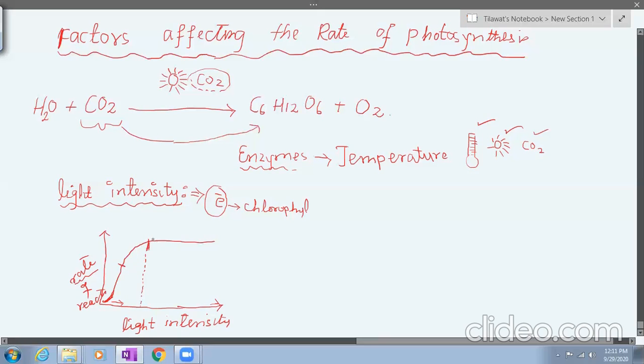But now, up to this point, when I'm increasing light intensity, there is no effect on the rate of photosynthesis. So it means at this point, maybe the rate limiting factor may be carbon dioxide, maybe there is not enough carbon dioxide, maybe not enough chloroplasts, because the number of chloroplasts also affects the rate of photosynthesis.